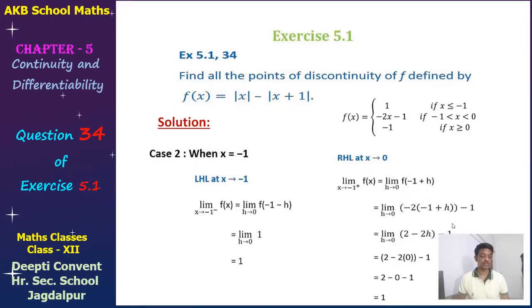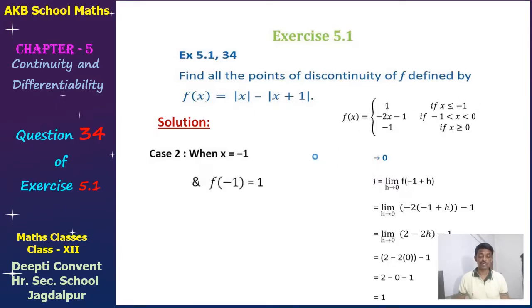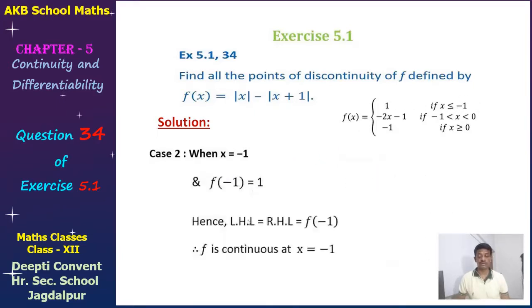Now put h equal to 0 and solve, we get 1. Here 1, here 1, so the left hand limit and right hand limit are equal. Also the value of the function at minus 1 is 1. Hence left hand limit equals right hand limit equals f(minus 1), so f is continuous at x equal to minus 1. So for both cases the function is continuous.